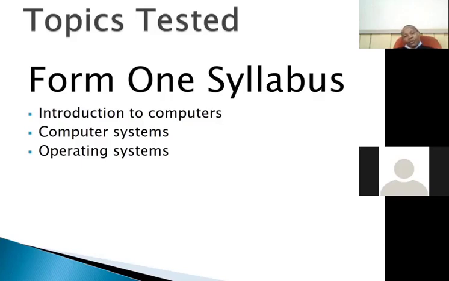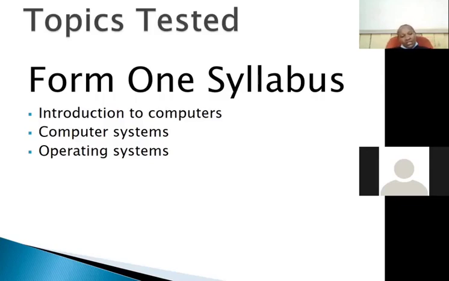Majorly, the first things covered are the categories of hardware: the input, output, central processing unit, and the secondary storage devices, which carries a lot. Every candidate is supposed to understand what is in that, and any question can be tested from all that.